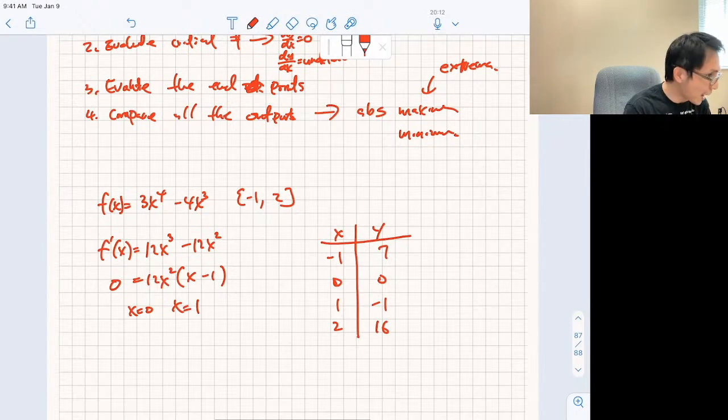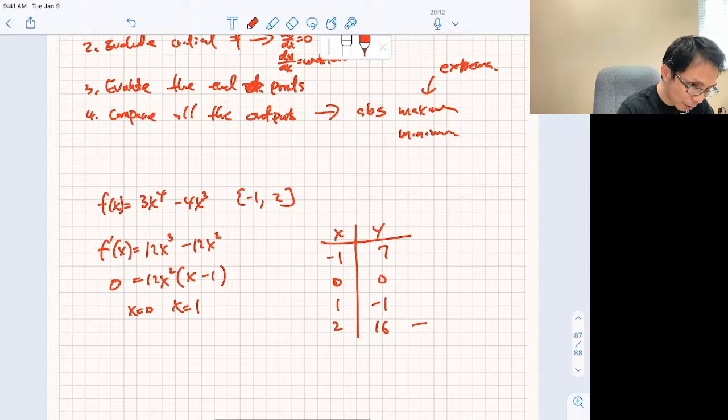So where's the absolute maximum at? At 2. Remember how the AP exam asks the question. If they say where does the absolute maximum occur, then you're going to say x equals 2. If they ask for the absolute maximum value, that means the y value.